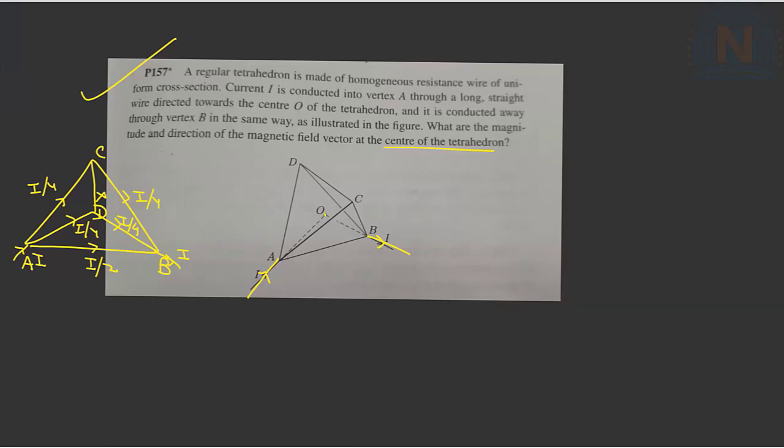Again, there are two ways of looking into the problem. By the exact geometry of the problem, we can write the exact B vectors and solve. But by a bit of symmetry, things can ease out.